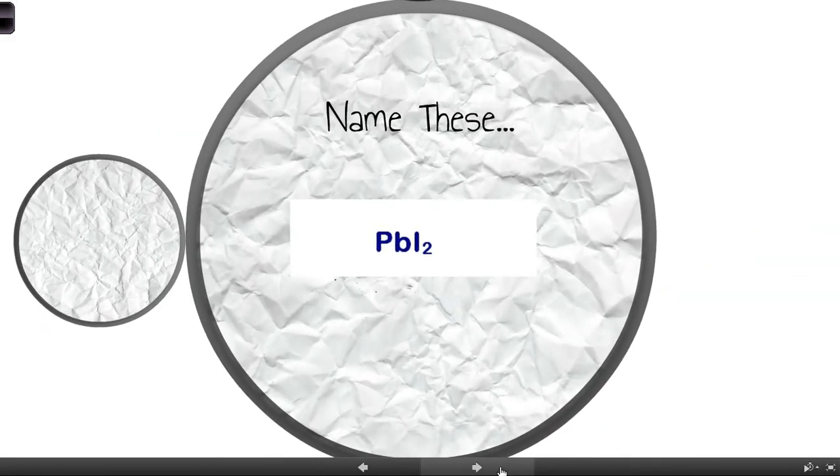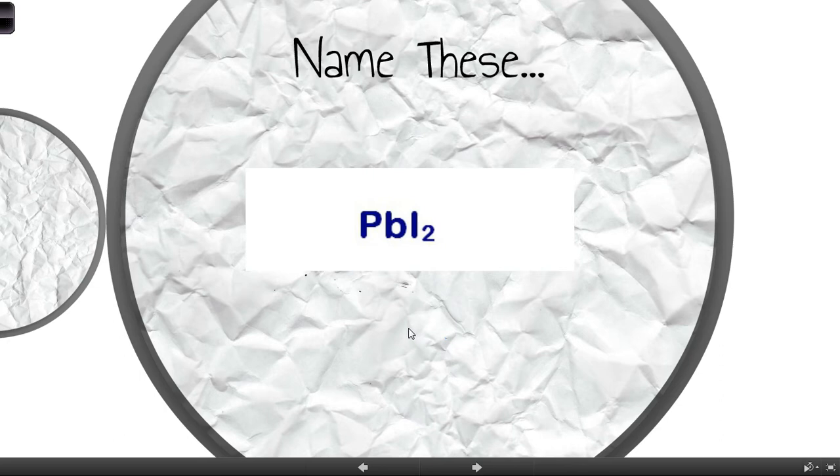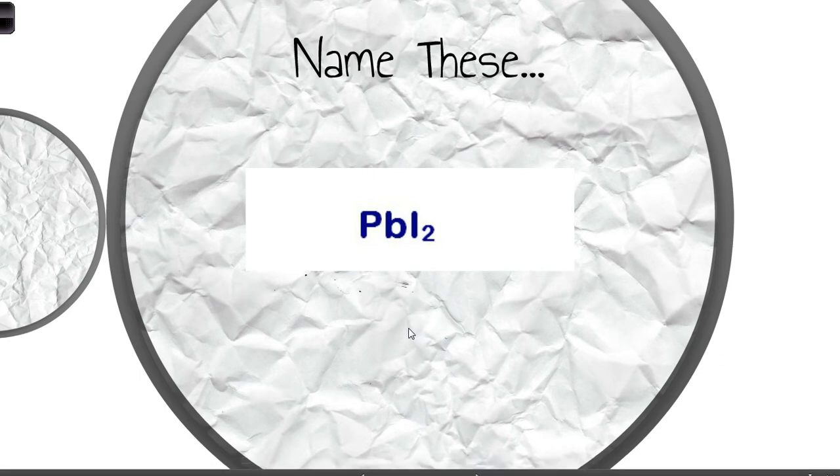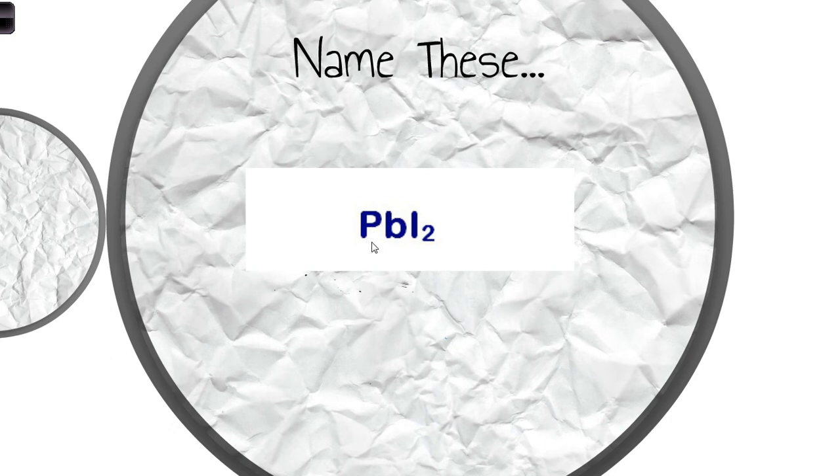Let's do another couple of examples. What about this one? Pb, another tricky one. It might take you a little while to find that one on the periodic table, but it's definitely there. I know Pb is one element because the P is capital and the b is lowercase. If it was a capital P and a capital B, that would actually be phosphorus and boron. But capital P little b is one element, it's lead, which has sometimes had the old-fashioned name plumbum.